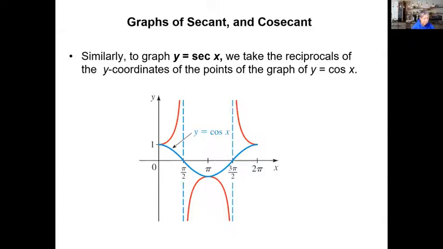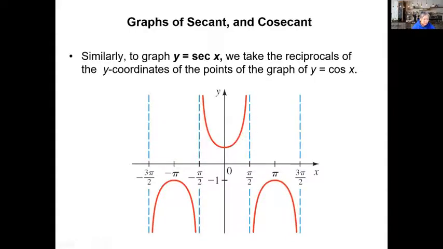So if you see the continuous region, this is secant, with parabola shapes repeatedly happening there.